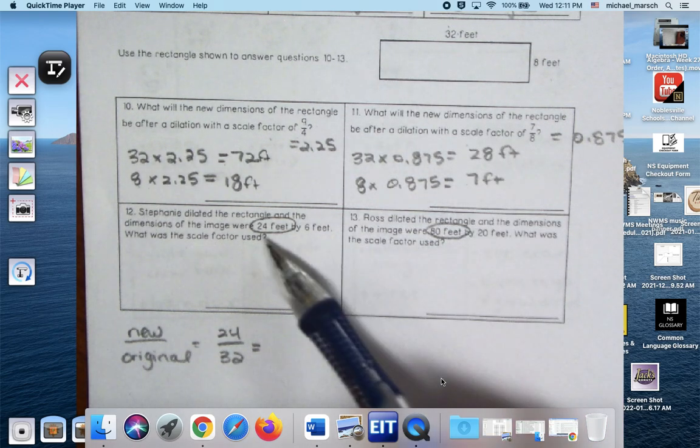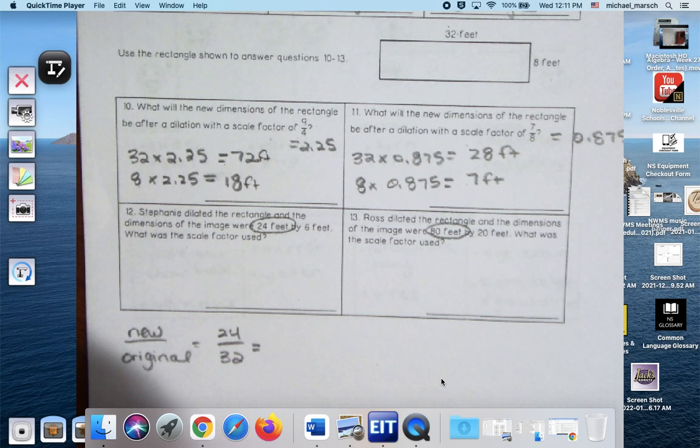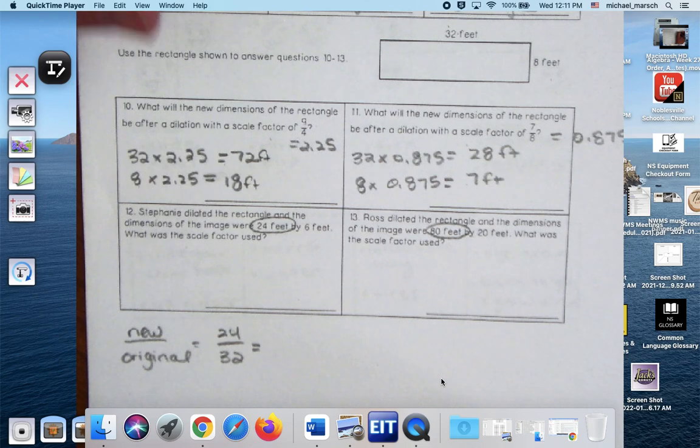We can tell by the numbers that it's a reduction. So what was it multiplied by? What was the scale factor? We need to simplify this number. Noah? 3/4. 3/4.